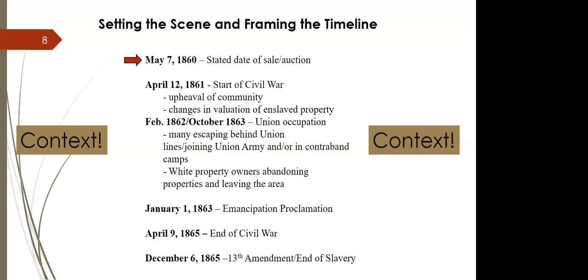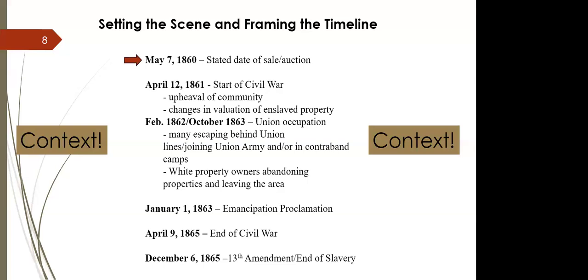Also important to note was that in February of 1862, the waterfront town of Edenton became Union occupied. And then the following year, in October of 1863, the entire county and surrounding counties in northeastern North Carolina were Union occupied.